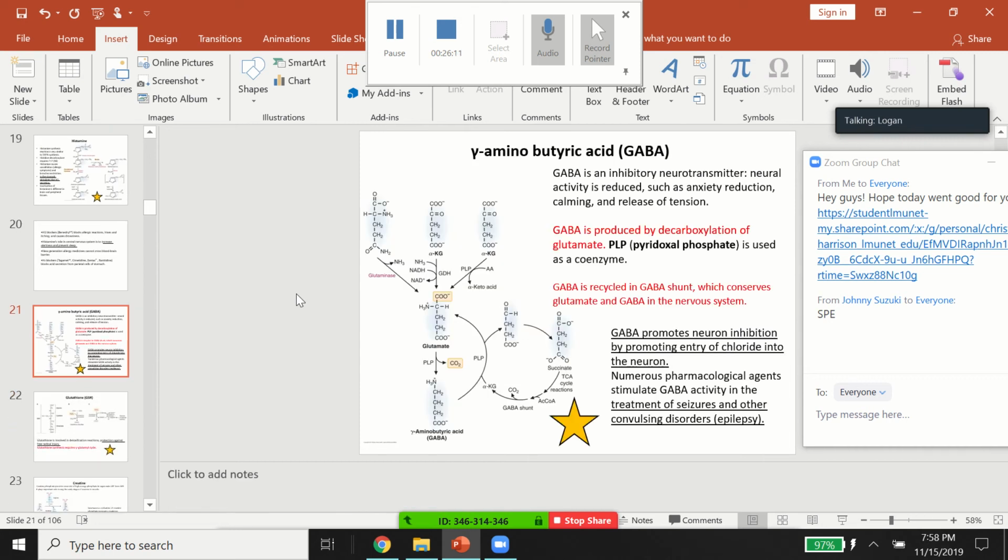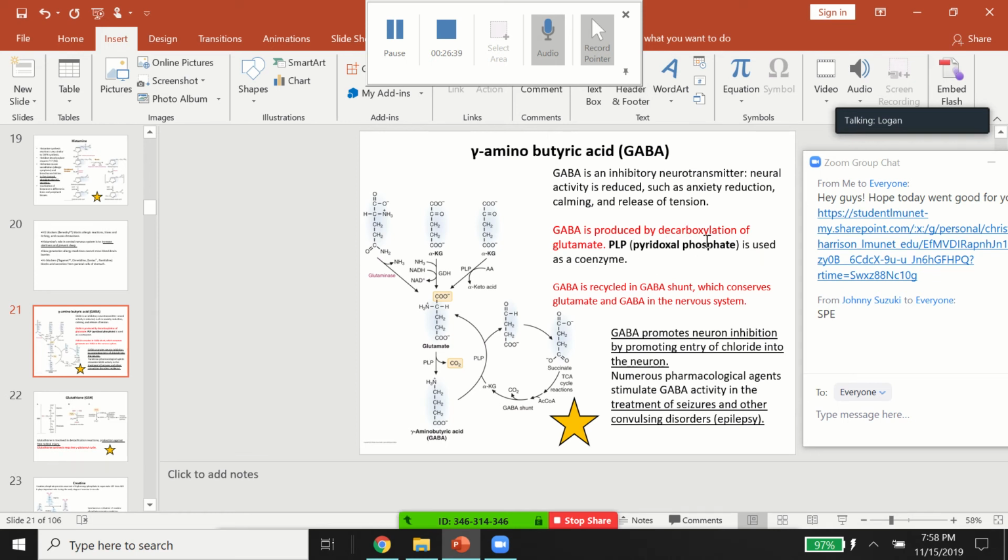And then GABA. GABA is produced by decarboxylation of glutamate. I may have mentioned this on some other test before. I know I've seen it somewhere in MFM, I think. But anyway, glutamate is what allows GABA to be produced via that decarboxylation step.